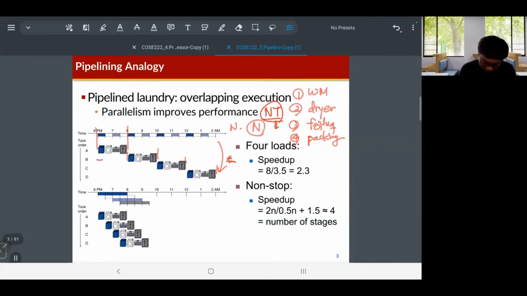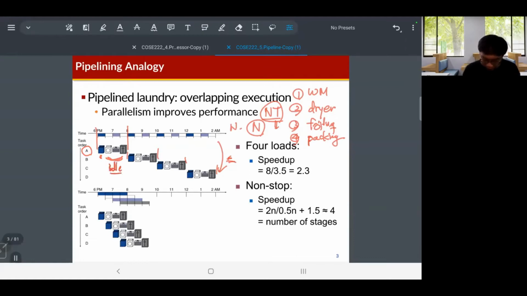If we look at this time table for the laundry process, we can see that task A is performed by the washing machine. Other resources like the dryer, folding, or packing are not used for this laundry process. So this means they are idle.